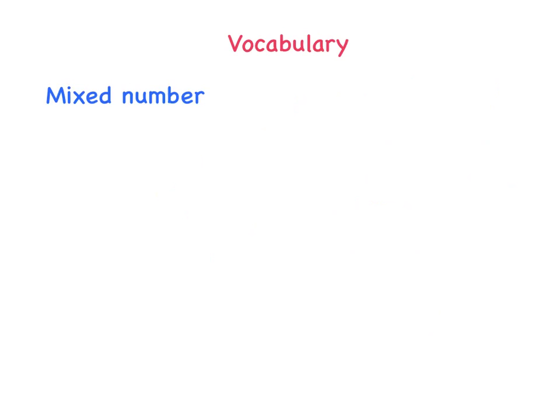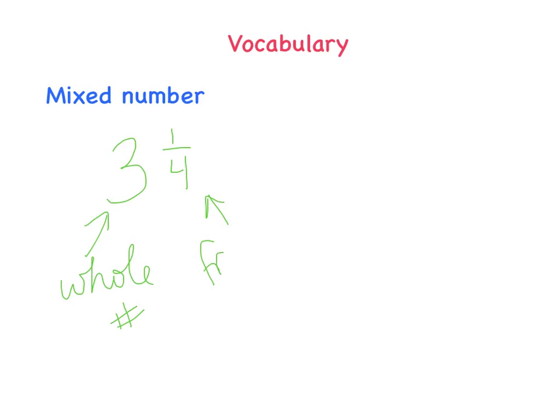A mixed number, on the other hand, is where we have a combination of a whole number and a fraction. So this is our whole part, our whole number, and then we've also got our fraction.